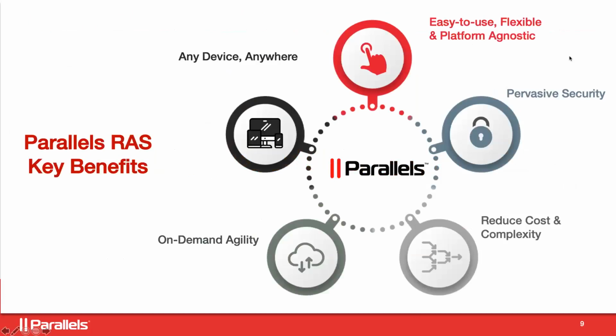It's flexible and platform agnostic. Easy to use. We do get constant feedback of how easy it is to set up compared to our competition. It's very low on infrastructure requirements, so that's just part of making it easier. The less configuration to do, the easier it is to deploy and manage.